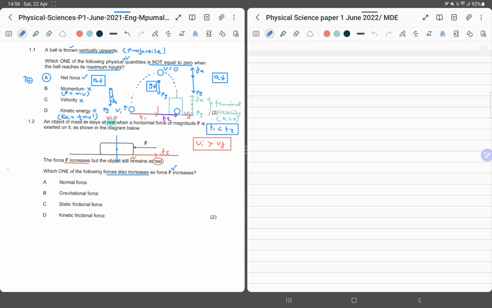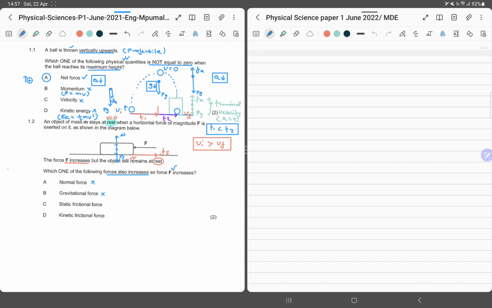So we know that Fg and the normal force are perpendicular to the surface, and essentially they don't get affected by a horizontally acting force, F. So it can't be normal force, it cannot be gravitational force.